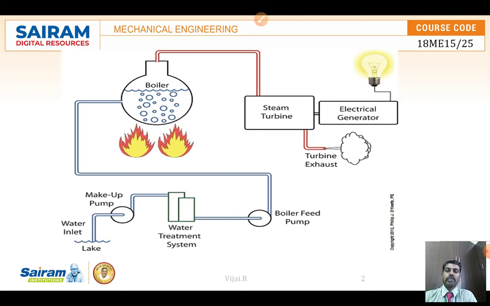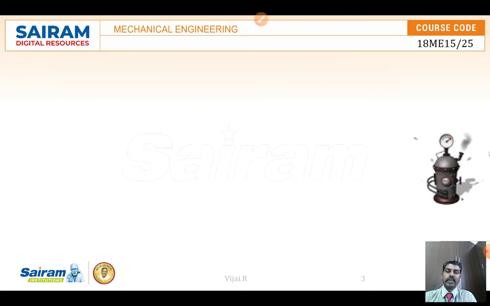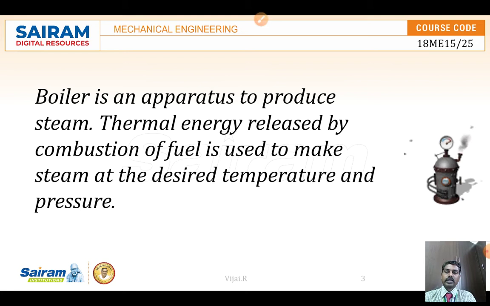The main definition of a boiler is: an apparatus used to produce steam by supplying heat through burning coal or any other fuels. By giving the desired temperature, the water is heated up and becomes steam.